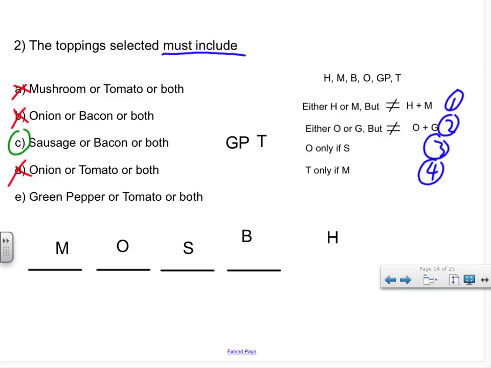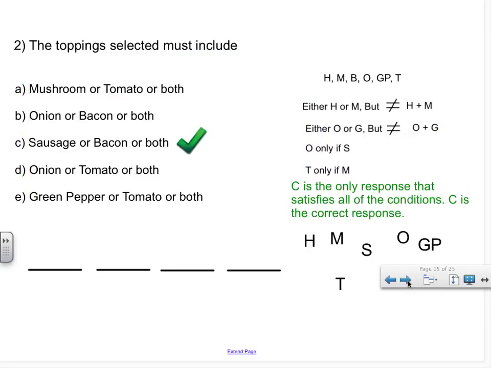Either H or M, we've got M. Either O or G, we've got O. O is with S. And T is not in the diagram, so that meets all of our conditions, and E can be eliminated. So just to recall, C is the only response that satisfies all of the conditions. C is the correct response.